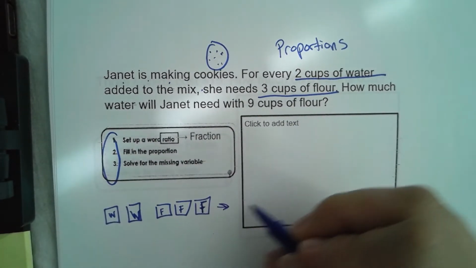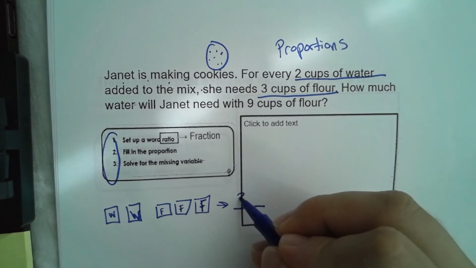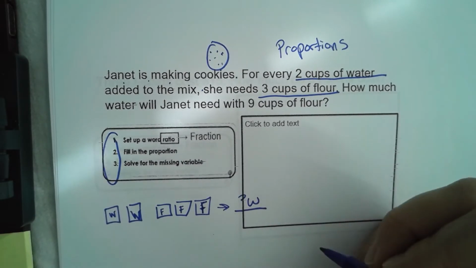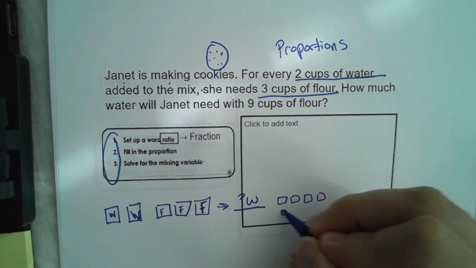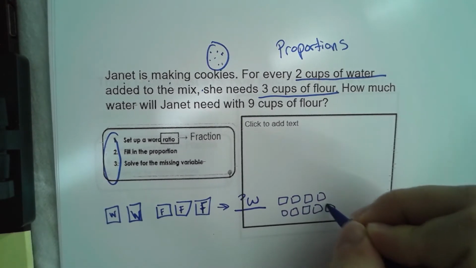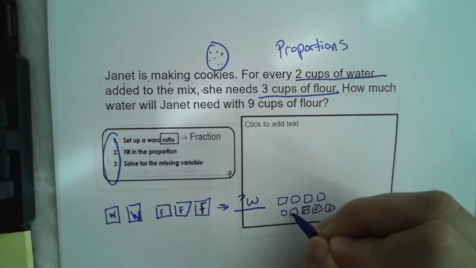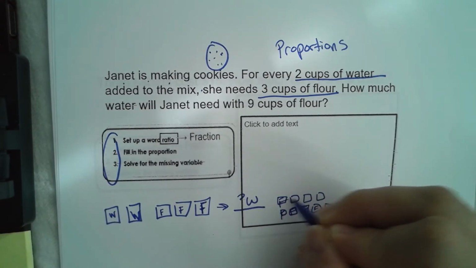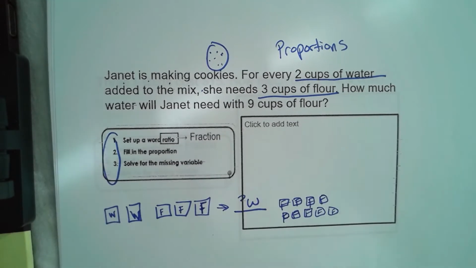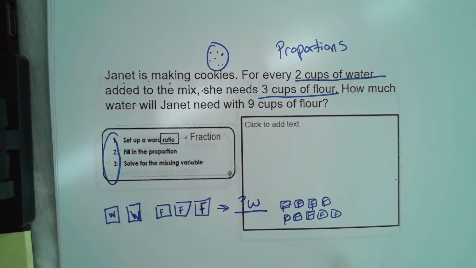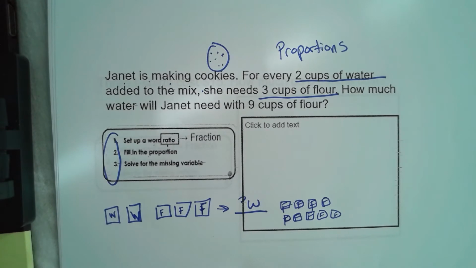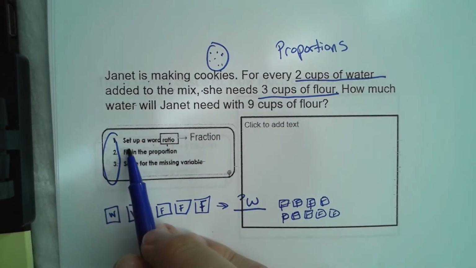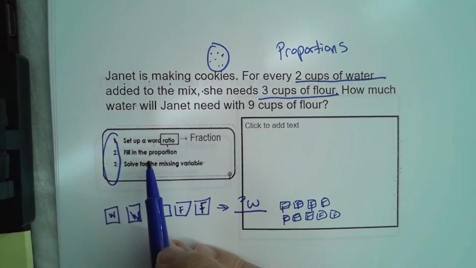So now we need to figure out how much water she will need for 1, 2, 3, 4, 5, 6, 7, 8, 9. I'm just going to write the F's in here. 9 cups of flour. We can set up a word ratio and then a proportion to help us solve this out. Let's first set up a word ratio.